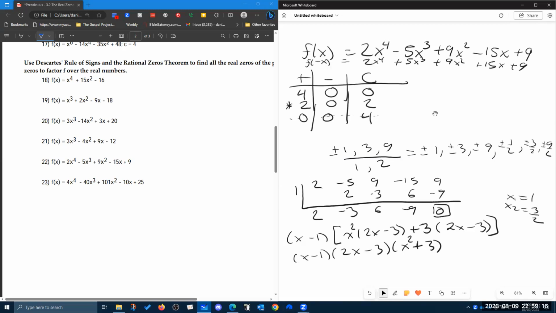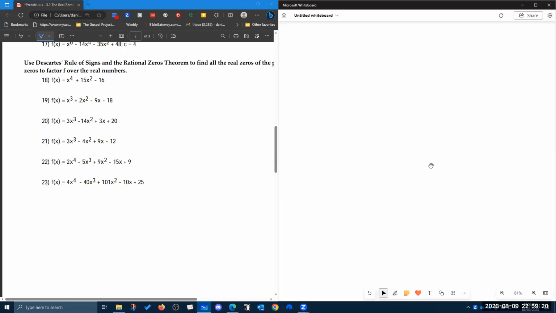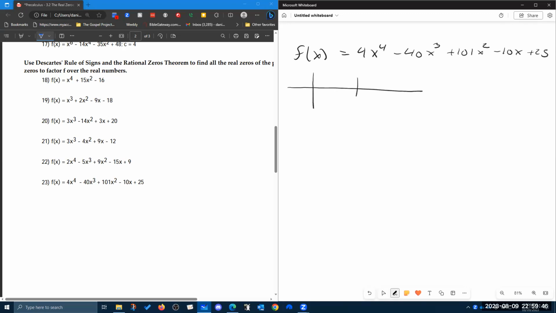And we have one more problem for today. Okay. So, plus minus complex.